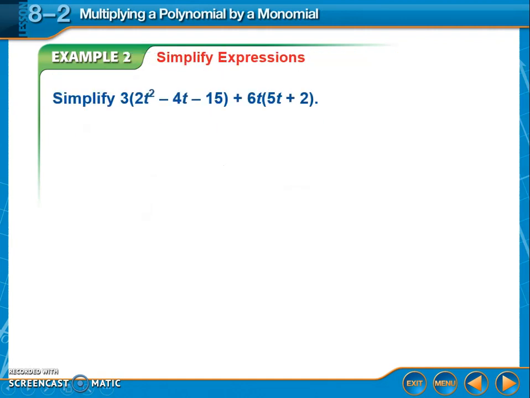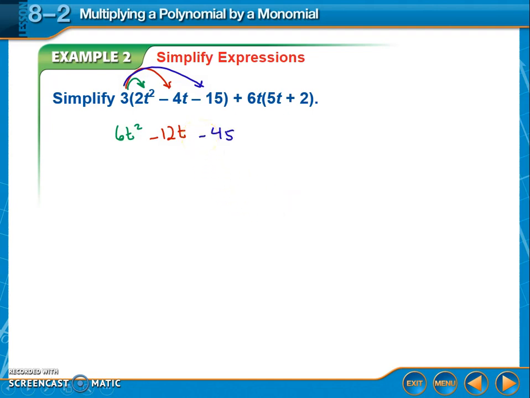Okay, so we're going to do the same thing here. I'm going to do 3 times 2t squared, and I'm going to get 6t squared. Then I'm going to do 3 times negative 4t, and I get negative 12t. And then I do 3 times negative 15, and I get negative 45.